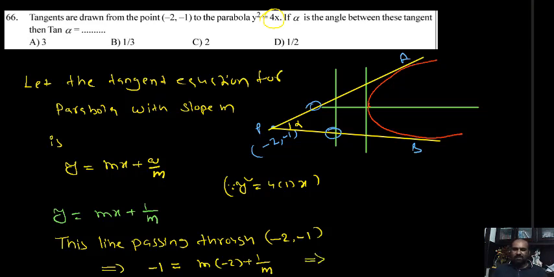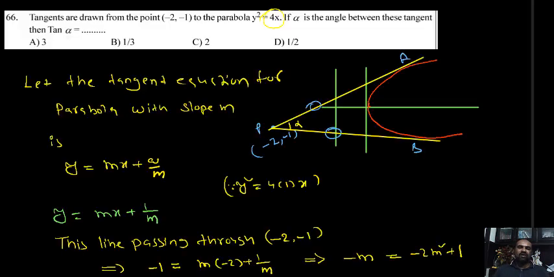What it gives: minus m equal to -2m square plus 1, or that is 2m square minus m minus 1 equal to 0. So students, what happened here? Here there are two m values. One m gives the slope of one tangent, another m gives the slope of the other tangent.